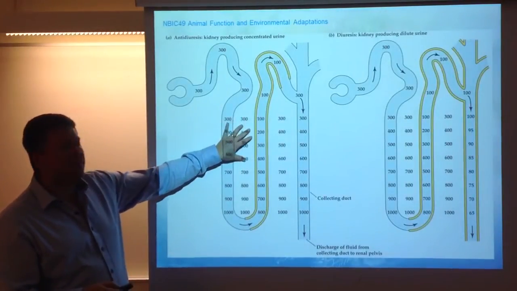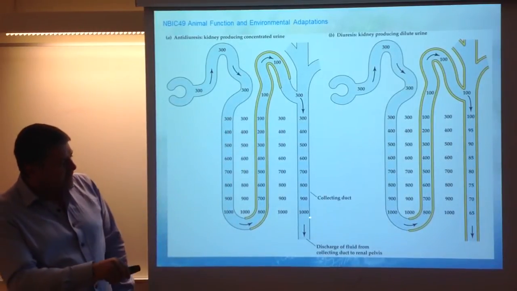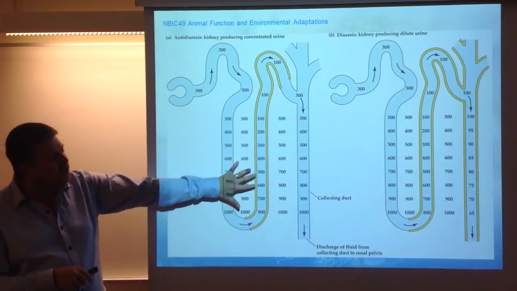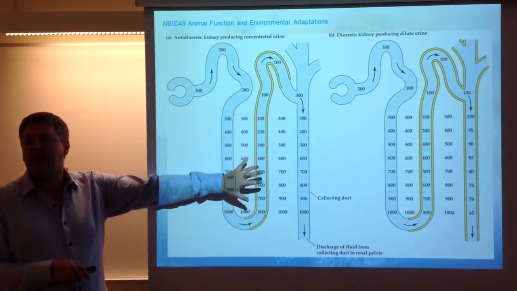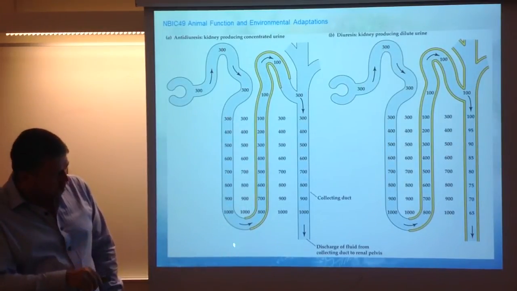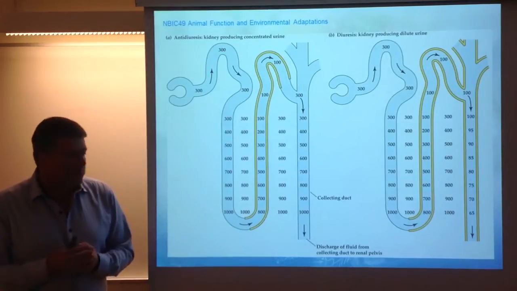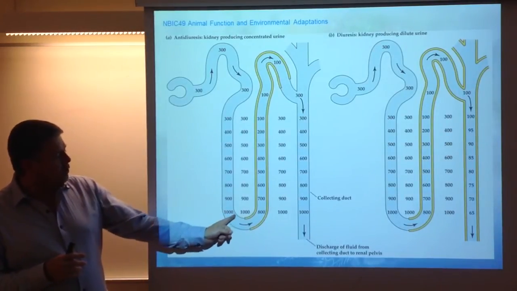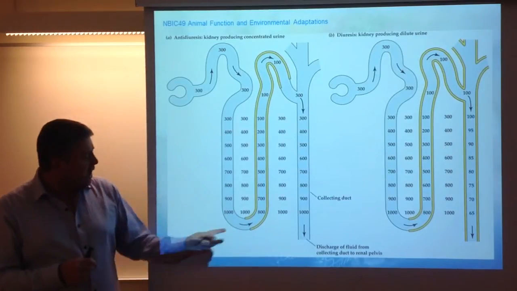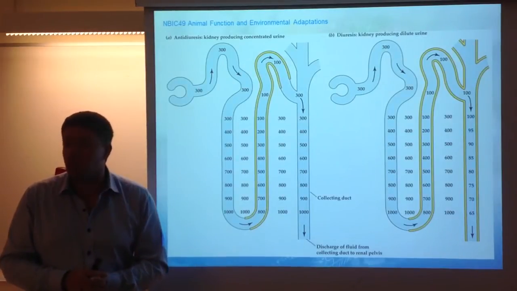Notice that this graph corresponds to humans. Humans are able to concentrate urine down to 1200 milliosmoles. If instead of humans, you take a desert species in which these loops of Henle are much longer, reaching almost down to the floor, the maximal osmotic concentration in the deepest side of the medulla is not 1000, but can be all the way to 6000 milliosmoles.